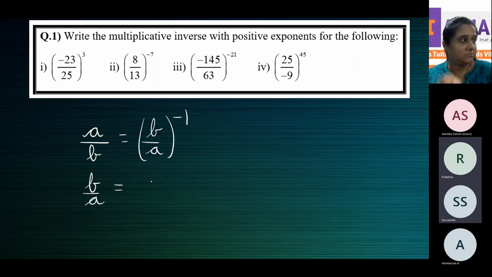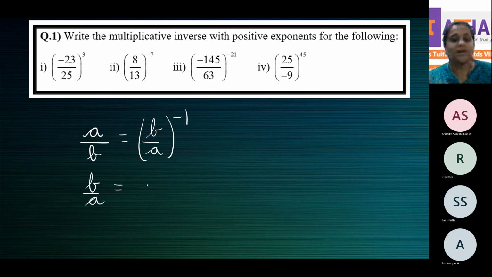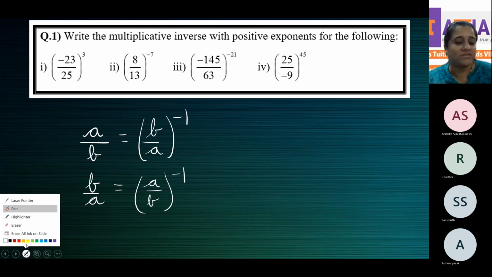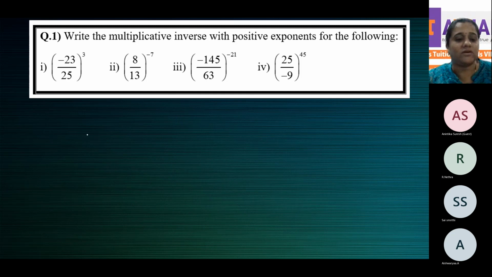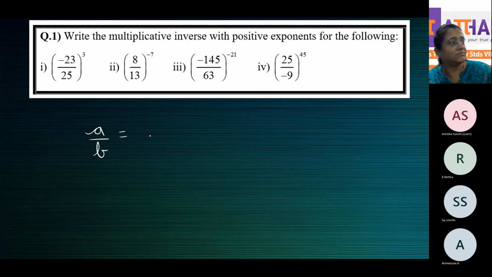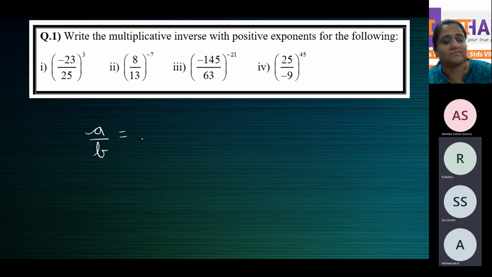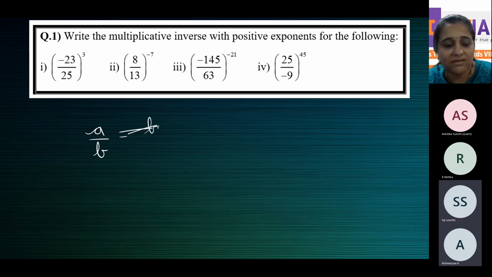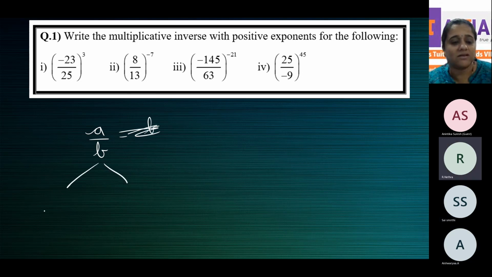Very good. And what's the other way of writing B by A? Ma'am, A by B to the power minus 1. The reciprocal of the base, negative of the power. What is the reciprocal of this? Ma'am, B by A to the power minus 1.